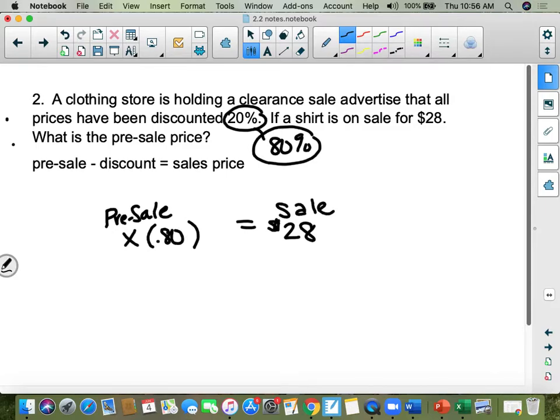To get x alone, all you do is divide both sides by 0.8, and you should get higher. 28 divided by 0.8, and your blouse was $35 to start with.